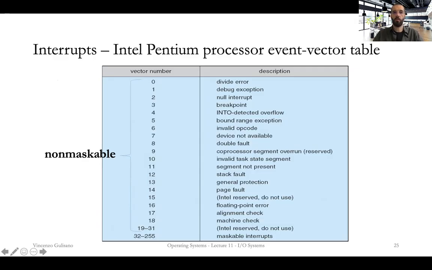You have here the vector number that is carried by non-maskable interrupts, and here you can see that, for example, if it is 14, then that is a page fault. Okay, so when you get this number, you can go into the table where you keep the addresses of the routines and associate 14 with the routine in the operating system that handles the page fault. And then handling the page fault becomes very fast because you sense the line, you immediately switch to that, and everything is done by the hardware that wakes up the operating system in a few cycles.